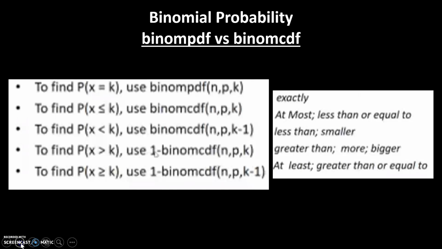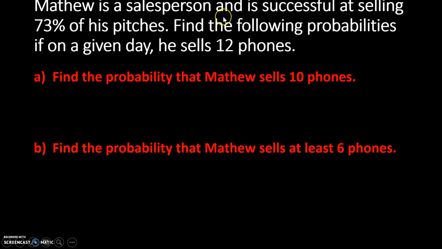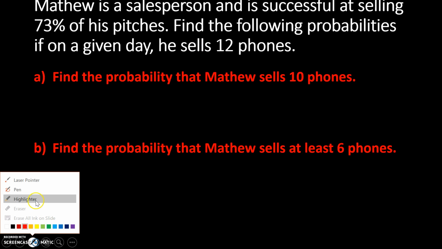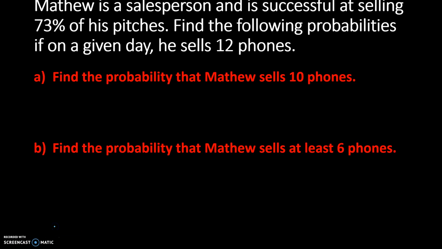So let's begin. Matthew is a salesperson and is successful at selling 73% of his pitches. Find the following probabilities if on the given day he sells 12 phones. Part A: he sells 10 phones.